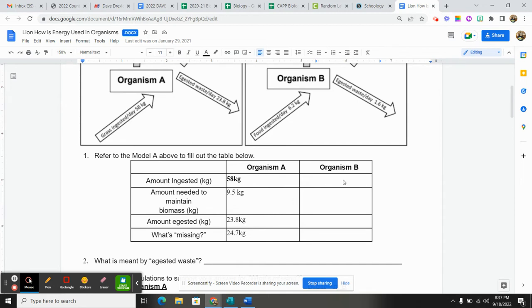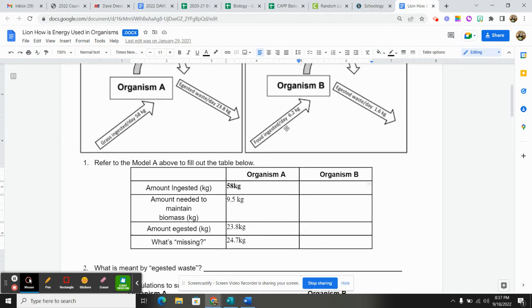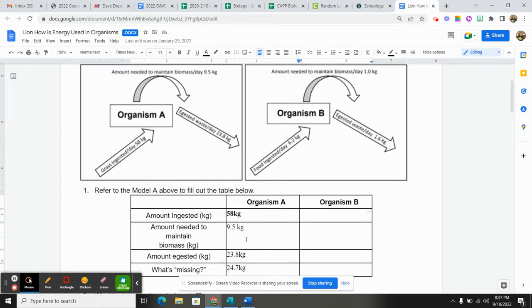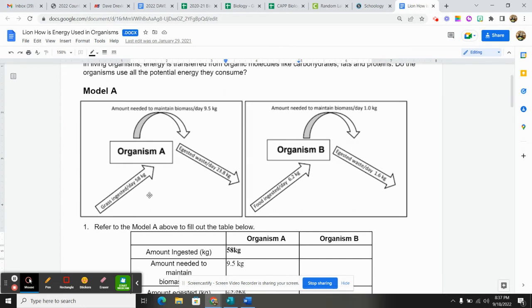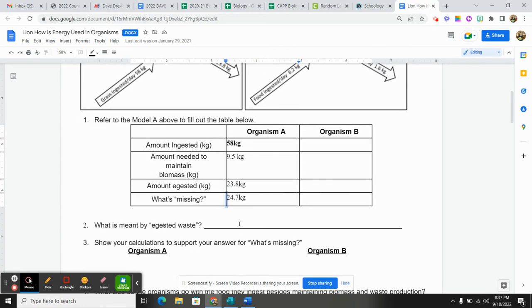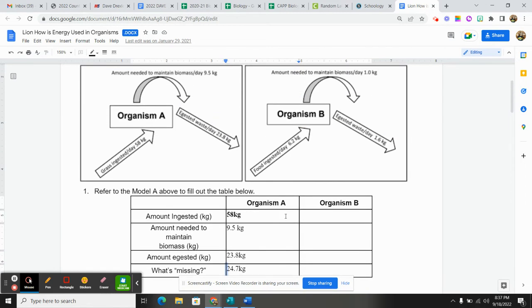So for our organism B, of course, we can fill these all out from the chart up here. We have it figured out for organism A, and the part that's missing is 24.7 kilograms. So that is not accounted for. So when grass goes in, 58 kilograms minus 9.5 minus 23.8, the amount missing is 24.7.